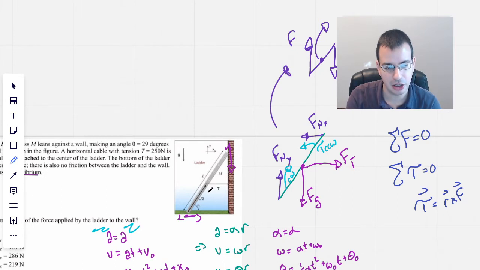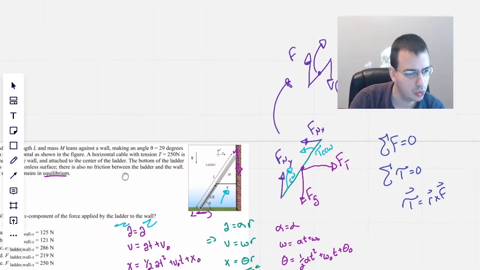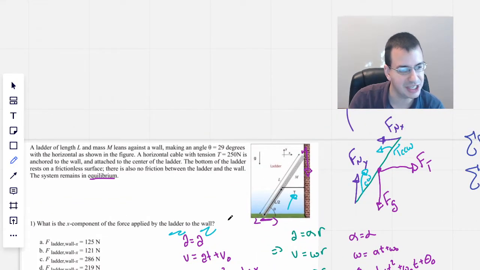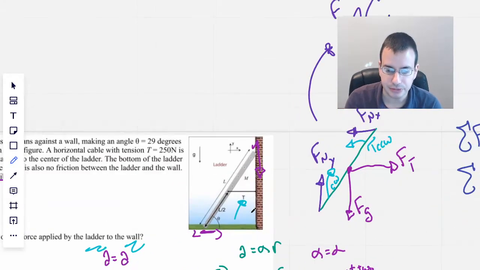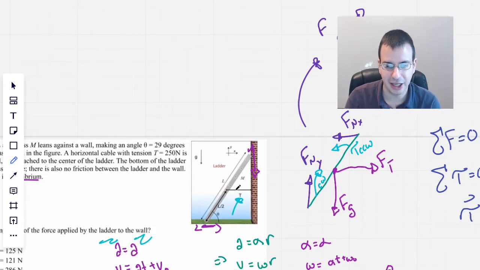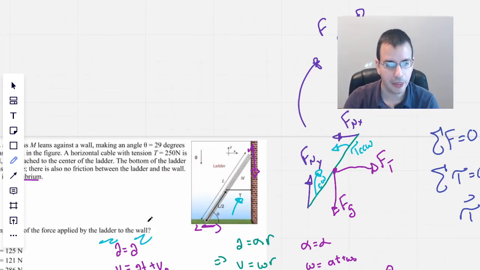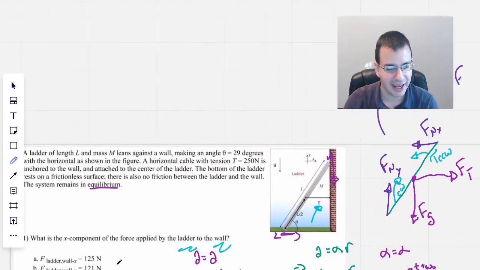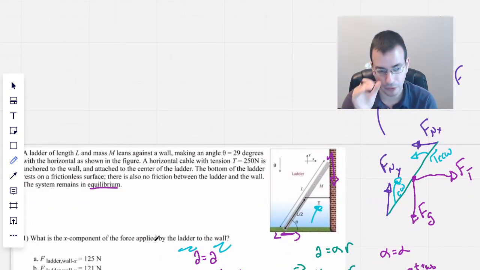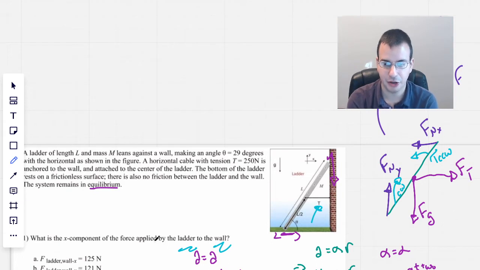They're basically saying you have this string, what is it? Is it a rope? Attached. You have some sort of ligament between the wall and the ladder, and that's going to be the only thing providing an x component force applied by the ladder and the wall.